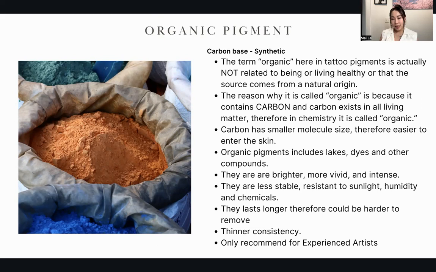However, it's less stable and it's less resistant to sunlight, chemicals, and humidity. It lasts longer, so therefore it could be harder to remove, and the consistency of it is thinner. If you're a new artist, I don't recommend working with organic pigment due to these reasons.